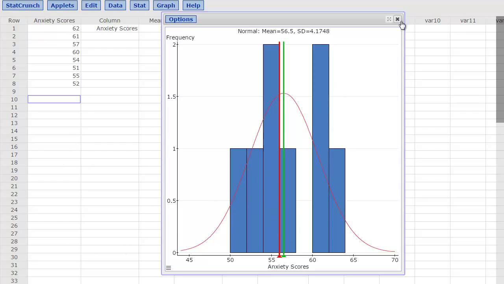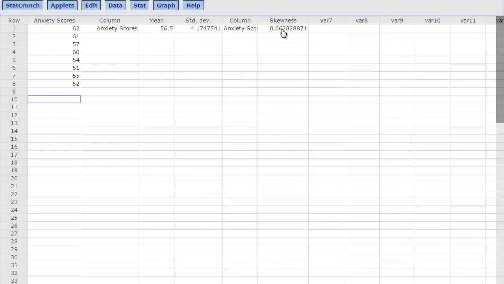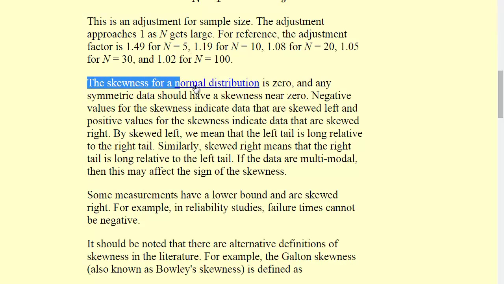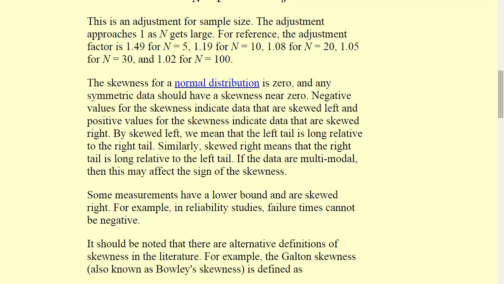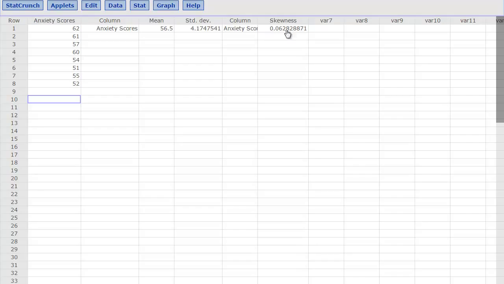The other thing is, remember I did this skewness calculation, right? And so you've got 0.063. It's very small skewness. Well, it turns out that the skewness for a normal distribution is 0, okay? And any symmetric data should have skewness near 0. And so as I look at this skewness score, this is very close to 0.